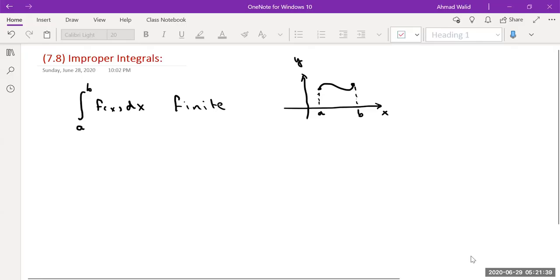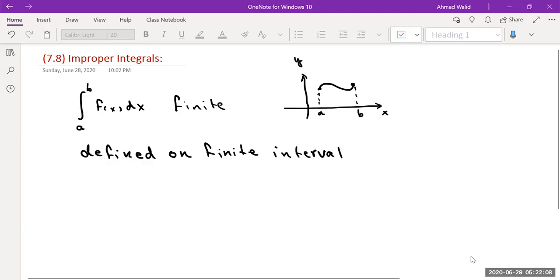I can say up to now, we were dealing with definite integrals. Our function is defined on a finite interval.